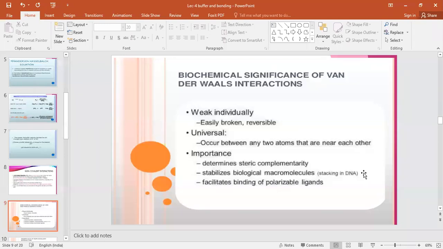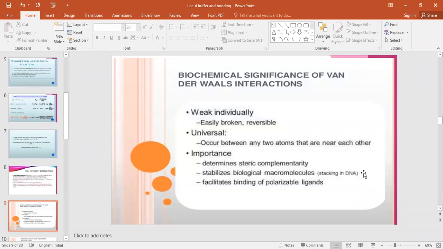But all these types of non-covalent interaction determine the steric complementarity with each other. Then it stabilizes the biological macromolecule. These interactions are very important in biological macromolecules like DNA, RNA, proteins, and are present in their structures.